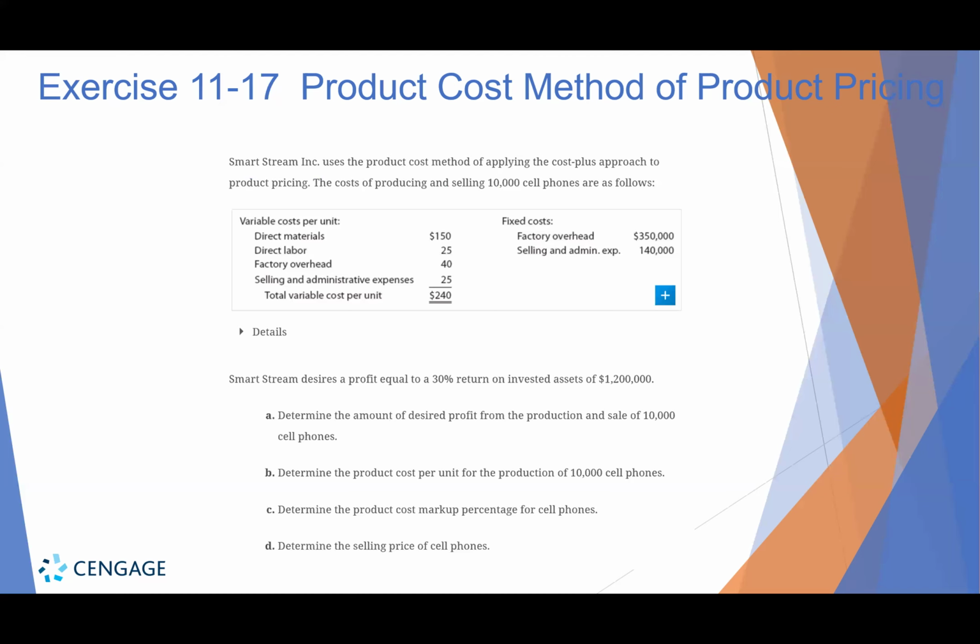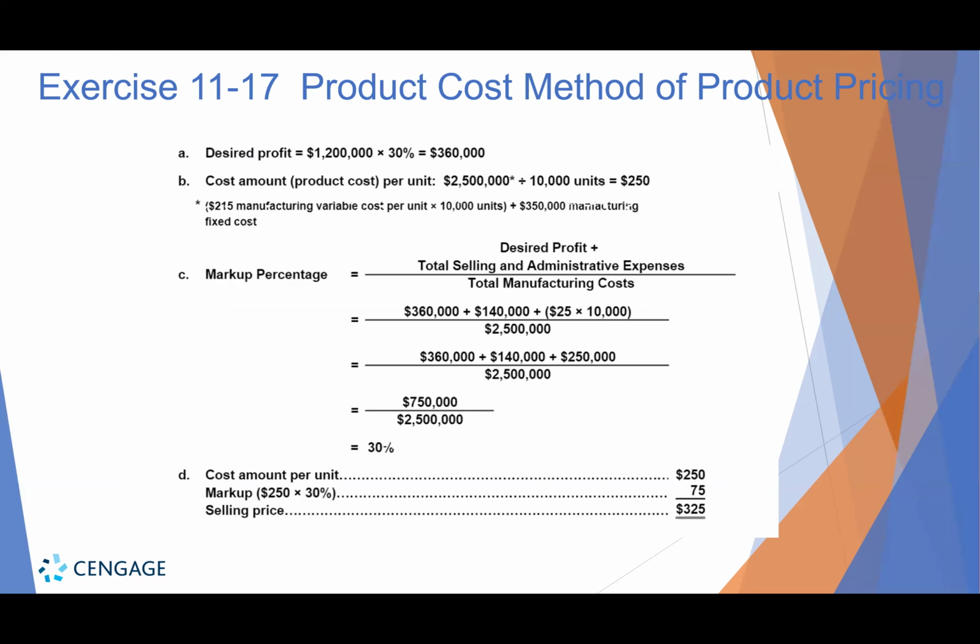SmartStream uses the product cost method of applying the cost-plus approach to product pricing. The costs of producing and selling 10,000 cell phones are shown here. SmartStream desires a profit equal to a 30% return on invested assets of 1.2 million. Again, we're going to go through this whole process. So our profit is 360,000, the 30% of the 1.2 million.